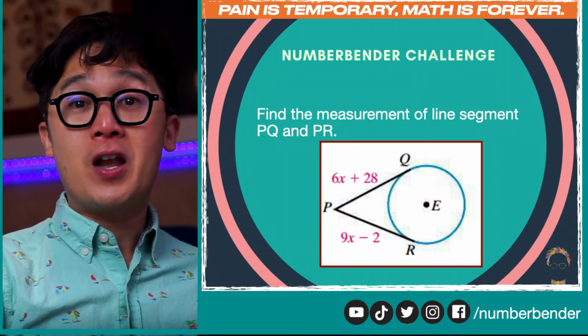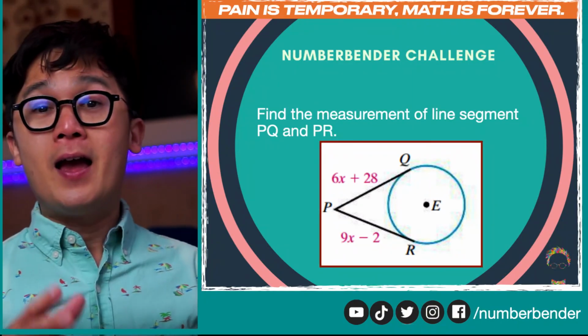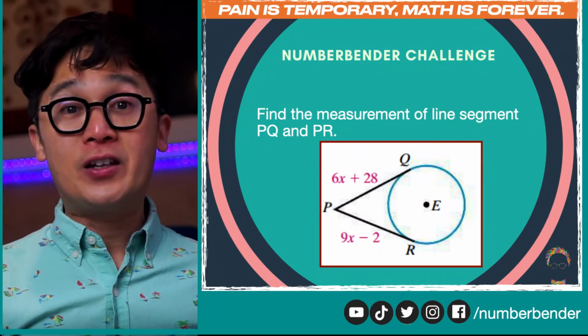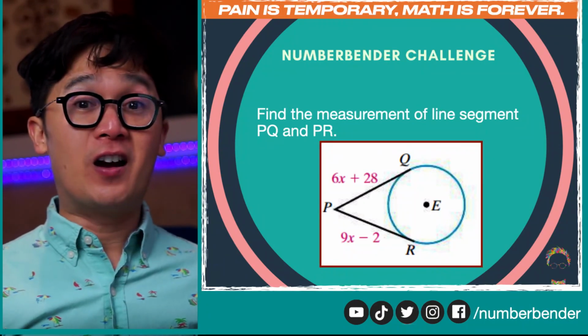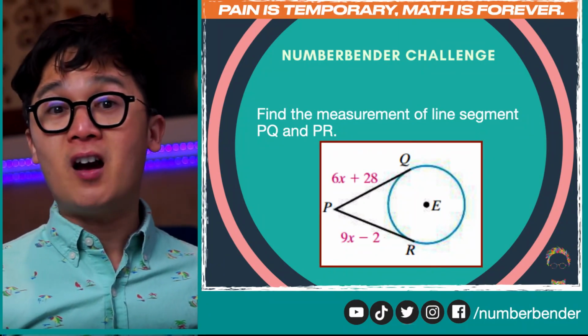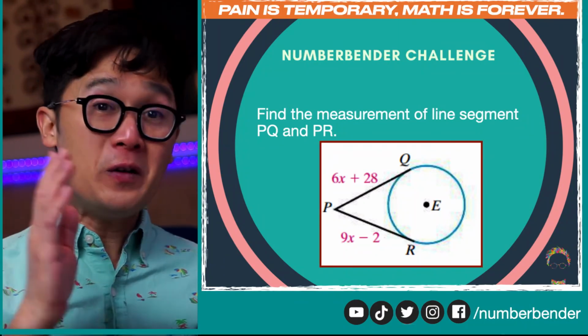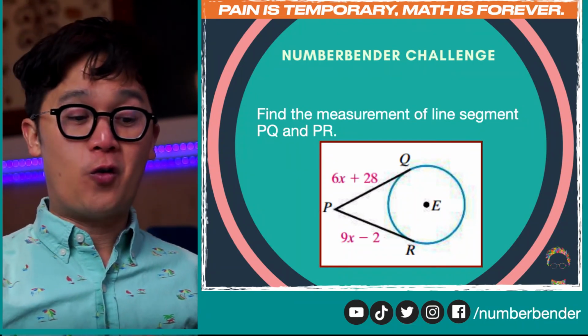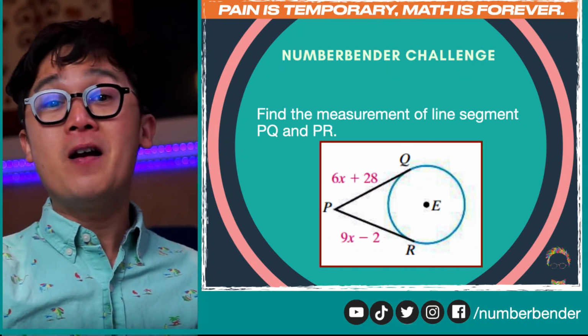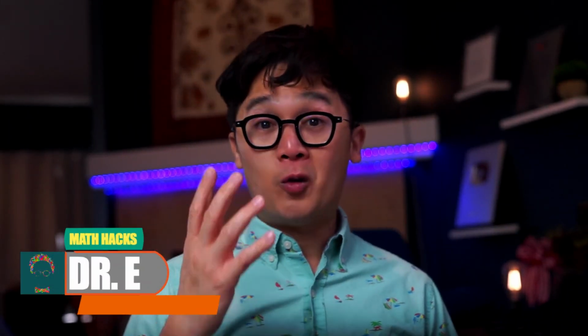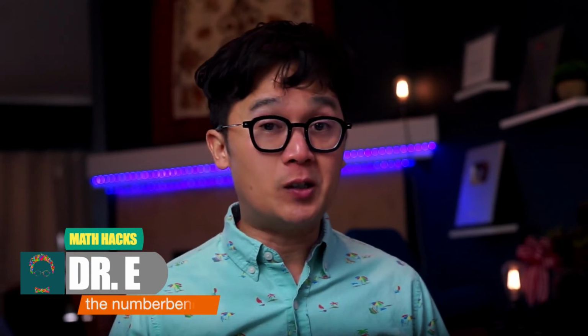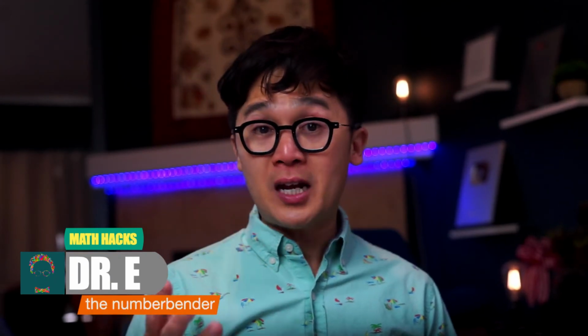And for your Numberbender challenge for today, let's see if you can find the value or the measurements of line segment PQ and PR, knowing what you know now from our lesson for today. So, in geometry, it's easy if we know our words and technical terms and how they relate to our shapes.